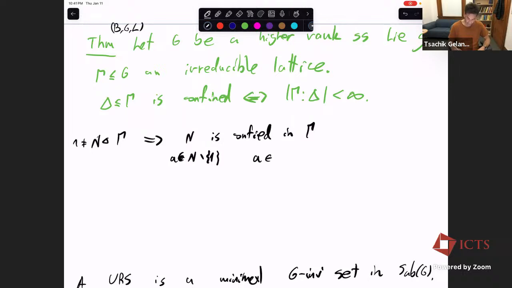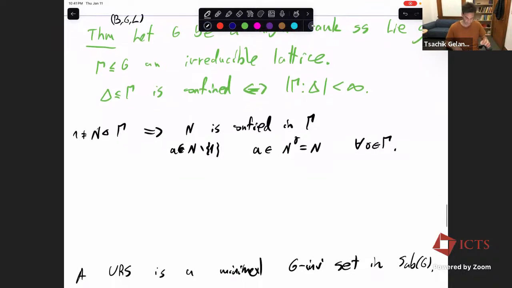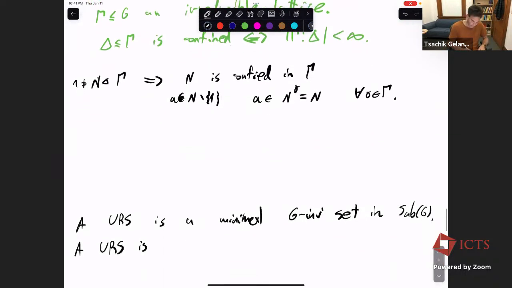So A is contained in N and in any conjugate of N, because any conjugate of N is N. So you can take a singleton that intersects every conjugate of N. So it means that N is confined in gamma. But N is not necessarily confined in G.